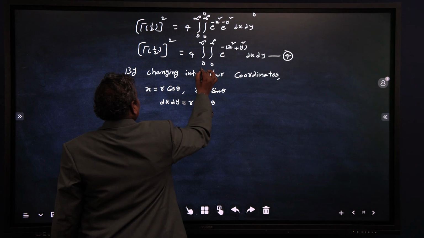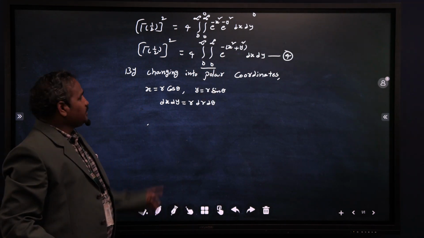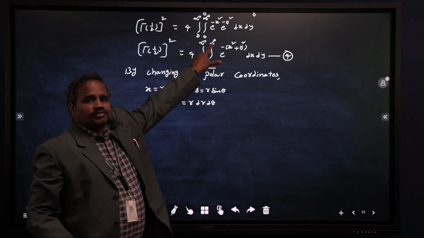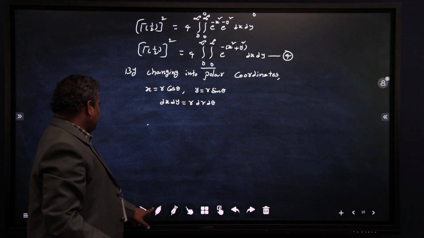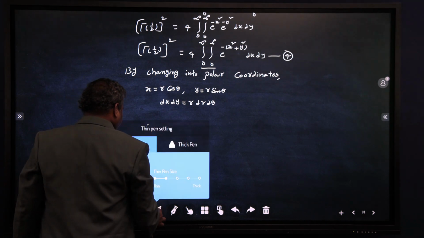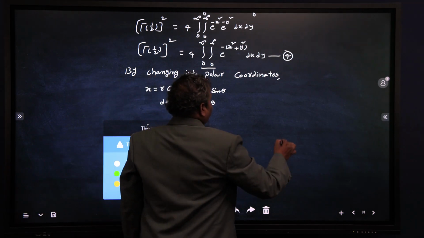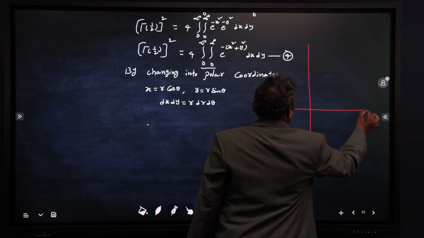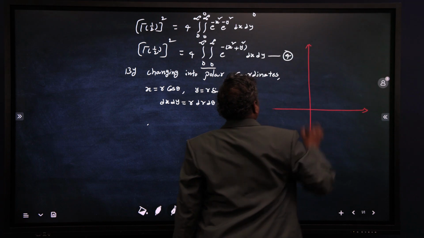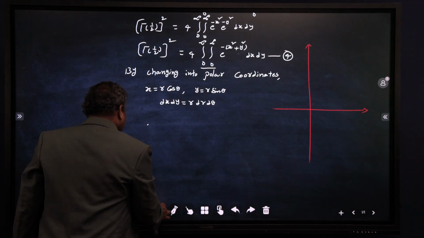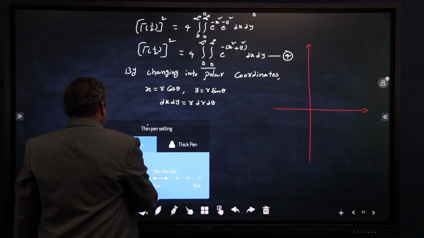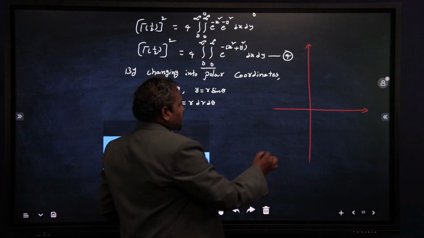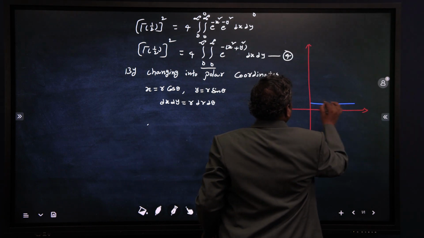For this, first we need to trace the region, x changing from 0 to infinity, y changing from 0 to infinity. For that, draw the x axis and y axis. The x limits are 0 to infinity, starting here along the x axis.